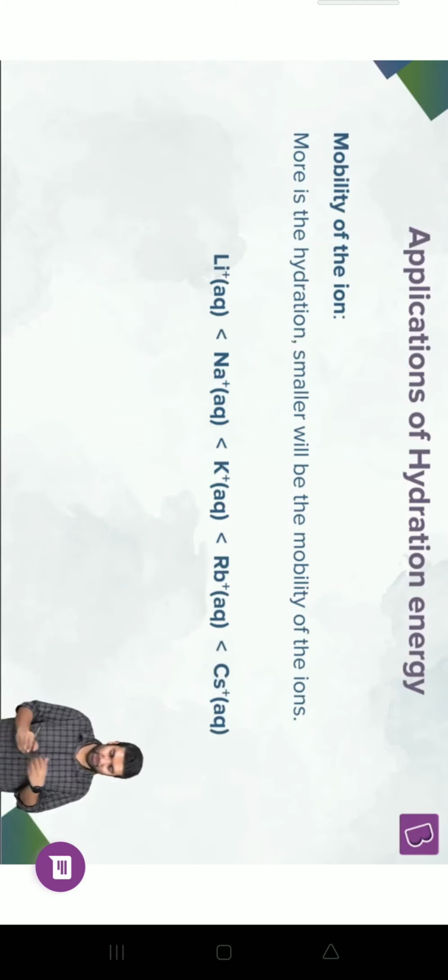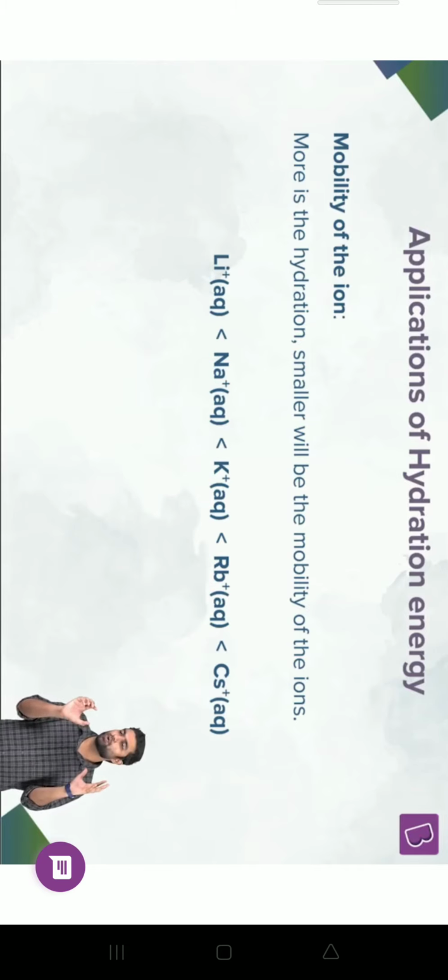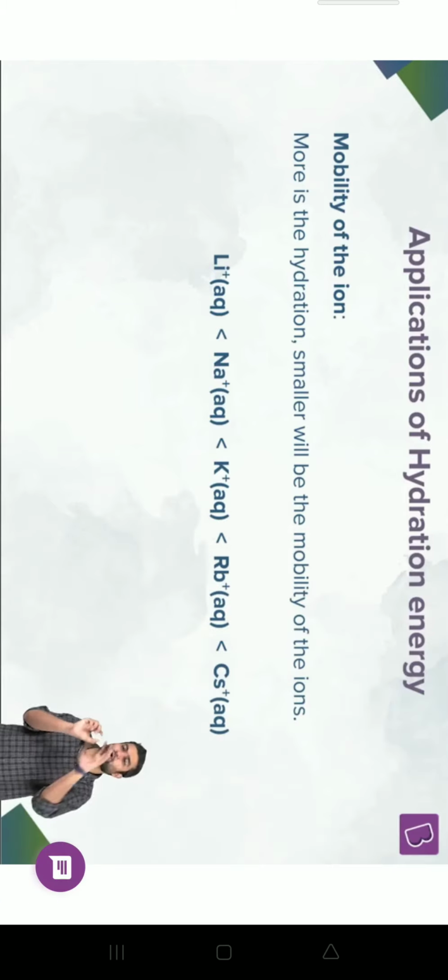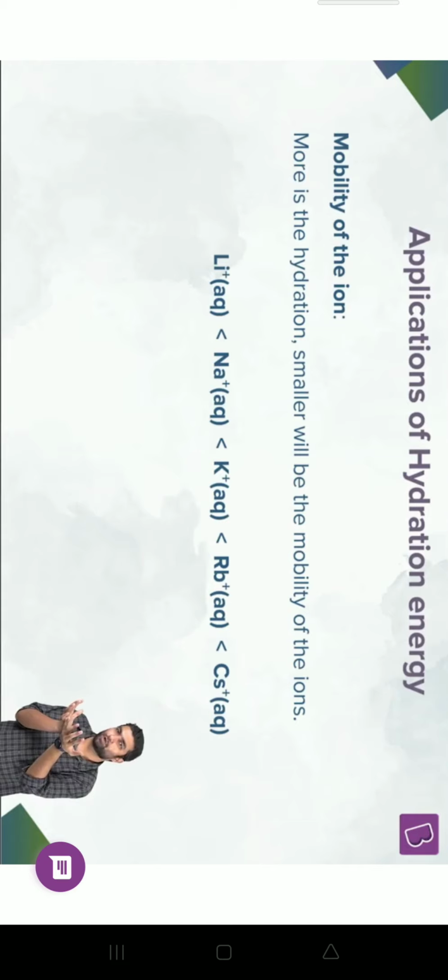Now, let's say you're talking about the mobility of ions. On the next slide, it will get more clear. But let's say we are talking about how an ion moves inside a particular solvent. In that case, it's not just the ion that is moving, it's also carrying all that bunch of solvent molecules which have been accumulated around it.